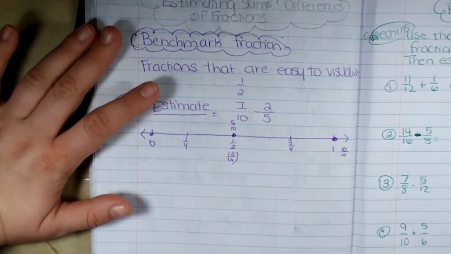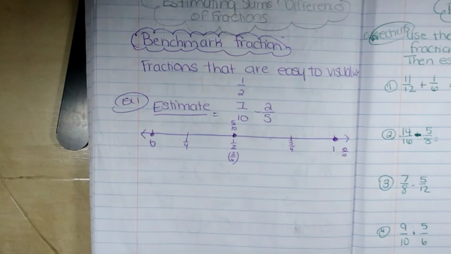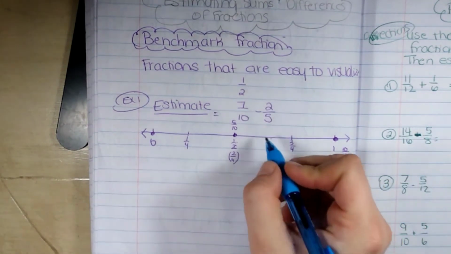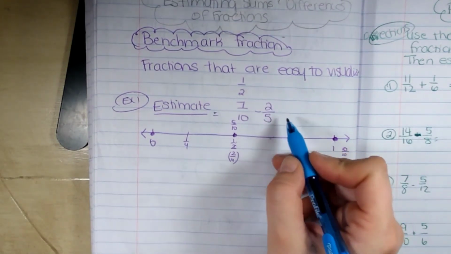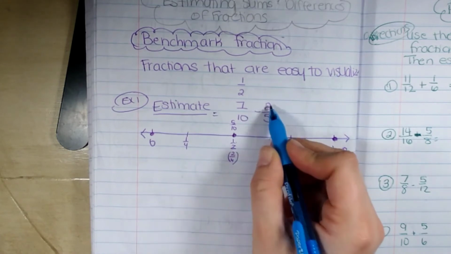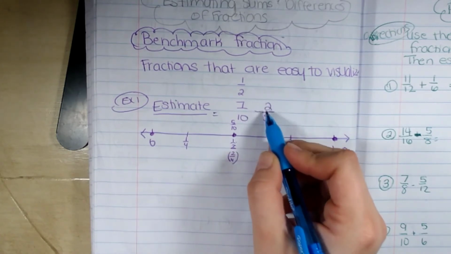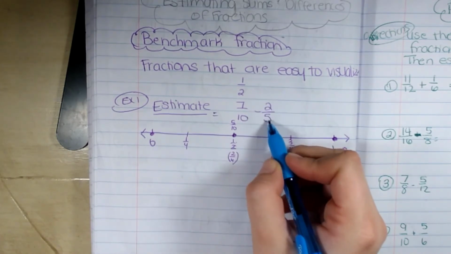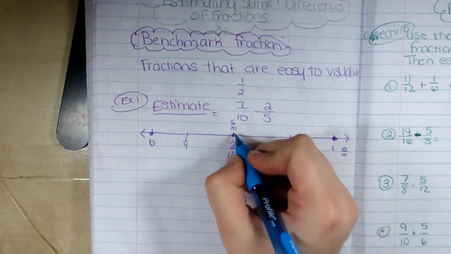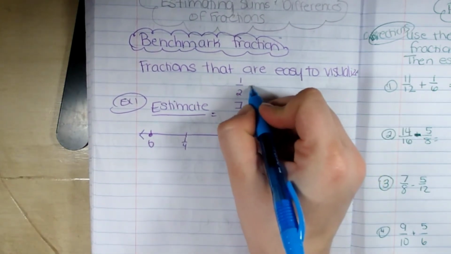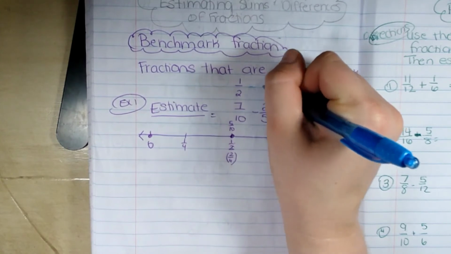I'm actually going to get a different color so we can see the difference. All right, so 2/5, we can't divide completely in half, but 2/5 is almost half, because half of 5 is 2.5. So I'm going to also put this as 1/2.